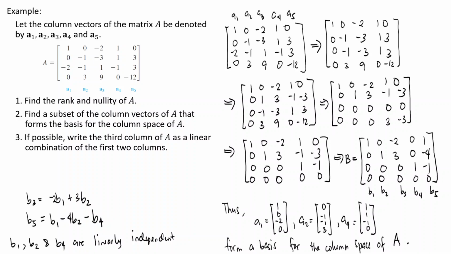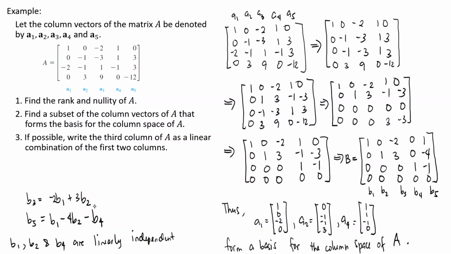Next, if possible, write the third column of A as a linear combination of the first two columns. From here, we see that B sub 3 is equal to negative 2 B sub 1 plus 3 B sub 2.